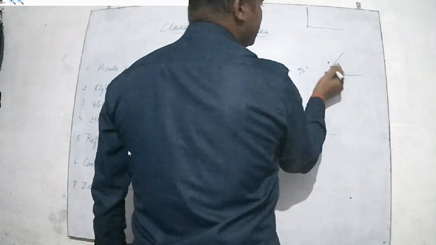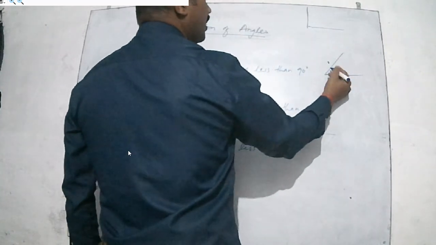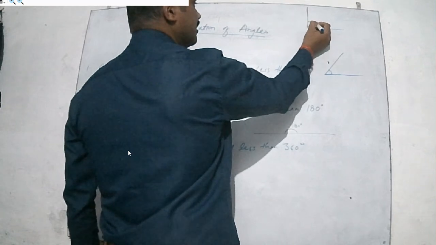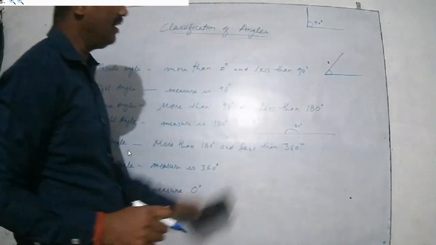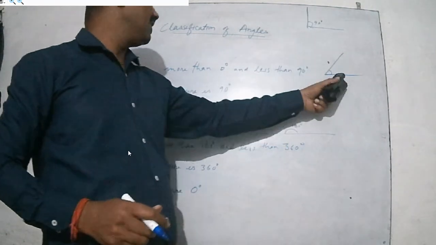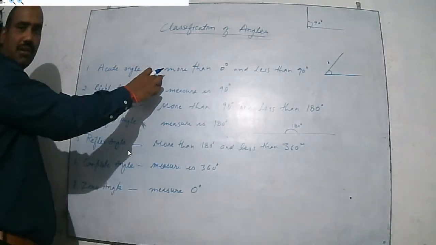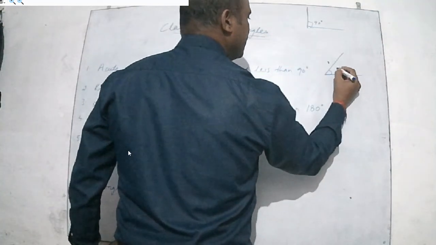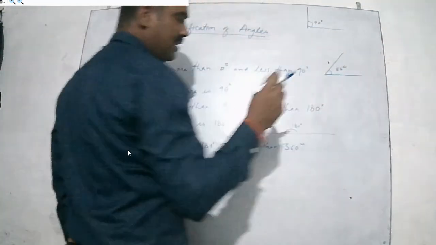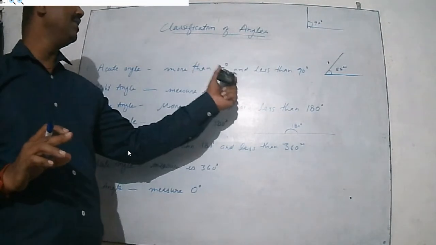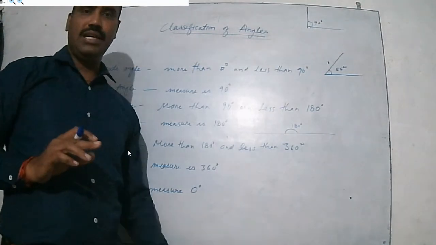Here you see the angle of this one is less than 90. This is 90. So it is an acute angle. Suppose it may be 55 degree, near about 50 or 55 degree. So it is more than 0 but less than 90. Clear?